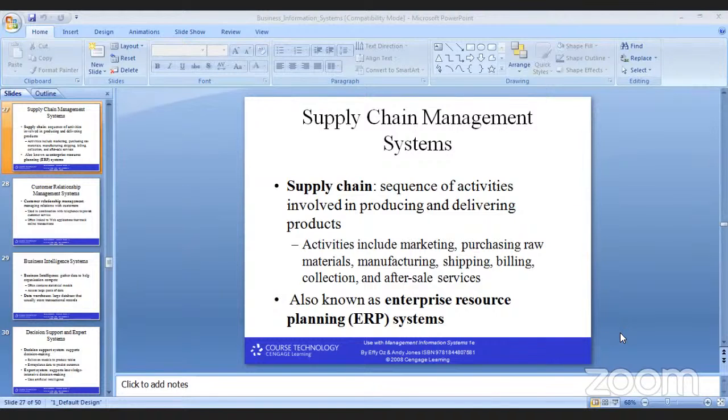It consists of different activities used in producing and delivering the products, with several steps like marketing, processing raw materials, manufacturing, shipping, billing, collection, and after-sales services.